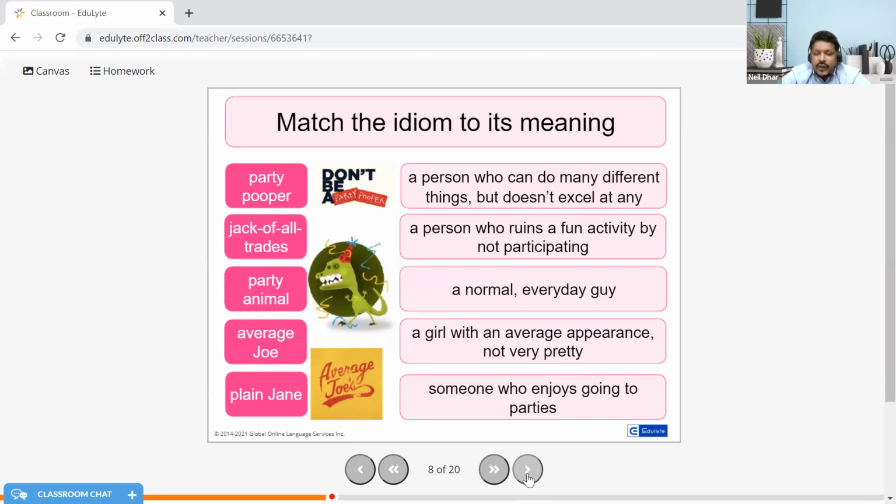A person who can do many different things but doesn't excel at any. A person who ruins a fun activity by not participating. A normal everyday guy. A girl with an average appearance, not very pretty. Someone who enjoys going to parties.